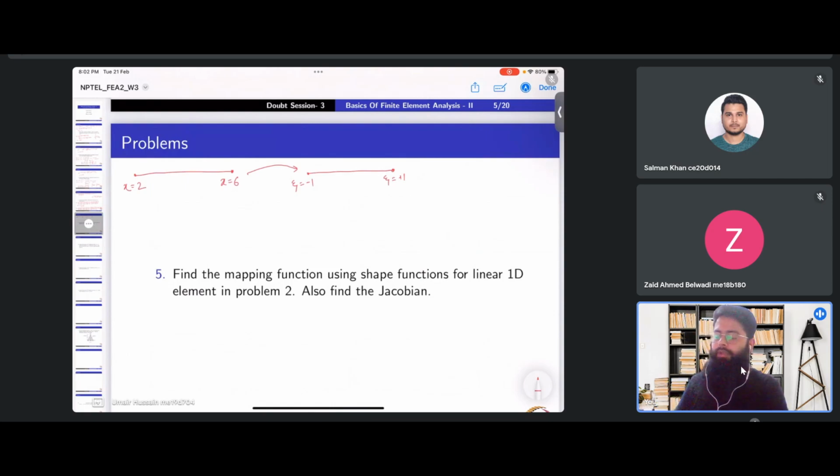So can someone tell me the relation for approximating the geometry using shape functions?